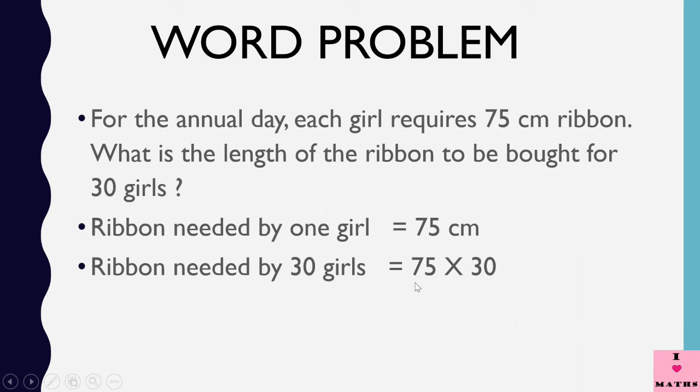Again, children, it's very easy and it can be done horizontally. Now, children, if you are multiplying any number by a multiple of 10, you will multiply that number with the non-zero digit, and after multiplying, you will put a zero at the back.